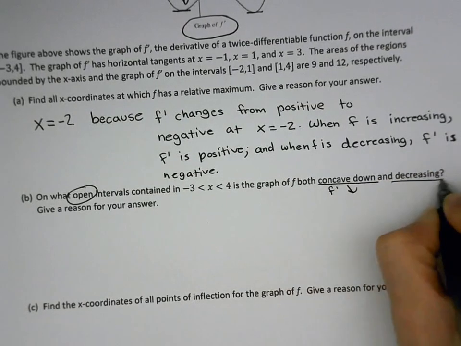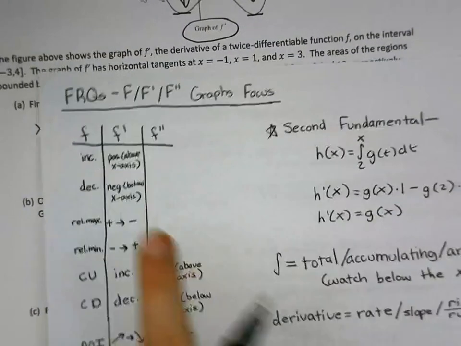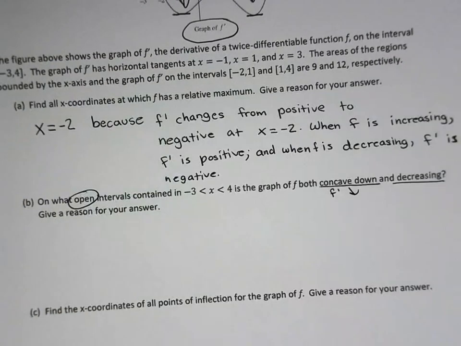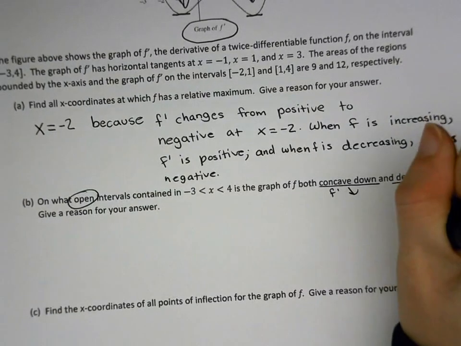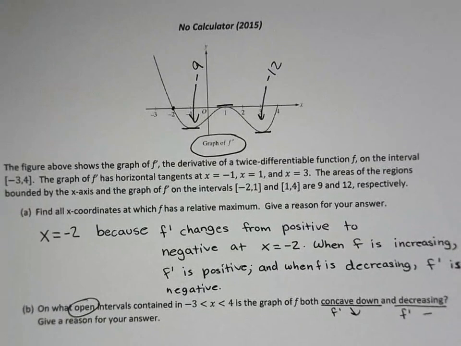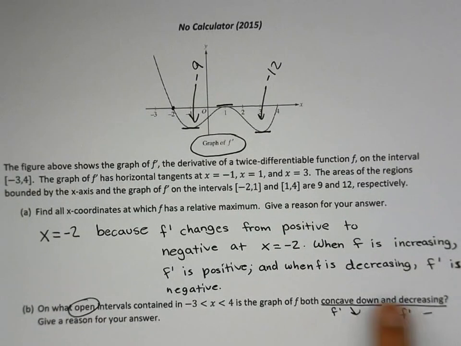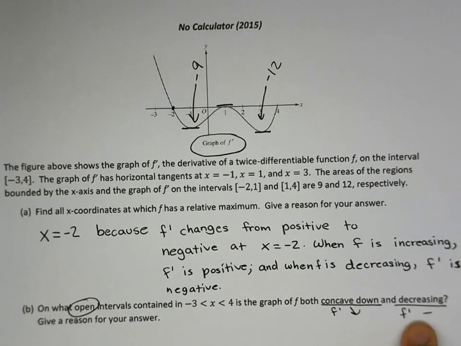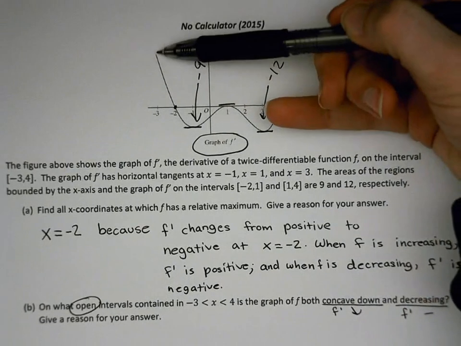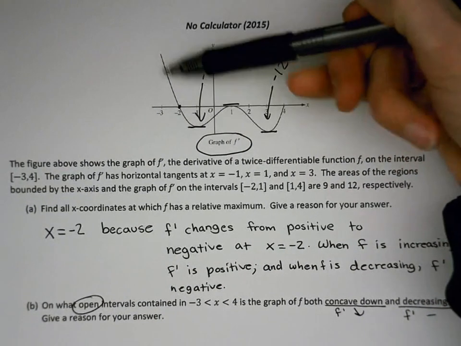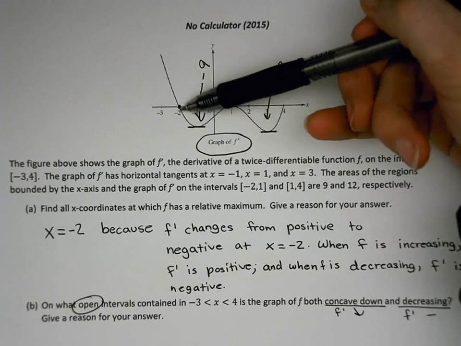And then f decreasing means f prime is going to be negative, below the x-axis. Okay, and so that's what I'm going to be looking for on my graph. So where is f concave down and decreasing, aka f prime decreasing and negative below the x-axis? Well, f prime is decreasing on this entire interval here, but it is only below the x-axis, negative, from -2 to -1.